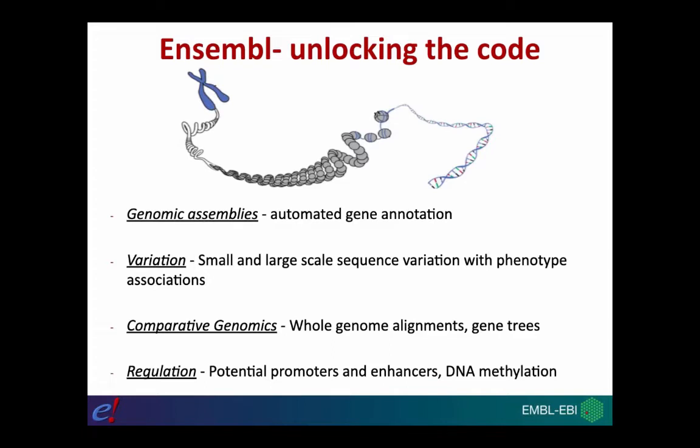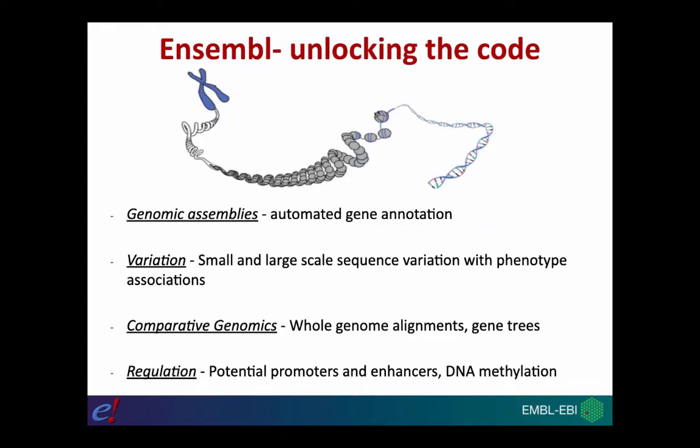So I've already alluded to the 4 types of data that we generally have in Ensembl. These are the main 4 types of data that we're going to think about over the course of the webinar series. Firstly, we take the genomic assemblies. As I've already mentioned, these are genome sequences that have been deposited into publicly available archives by different research groups and collaborations around the world.